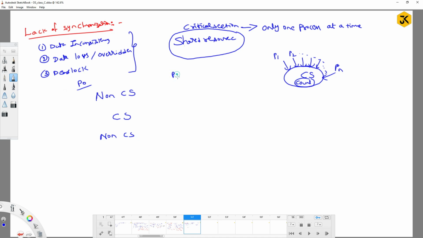And process P1 might have the same structure: non-critical section, critical section and non-critical section. How does your system support this feature, that the critical section has to be executed by only one process? For that we have to write the program.